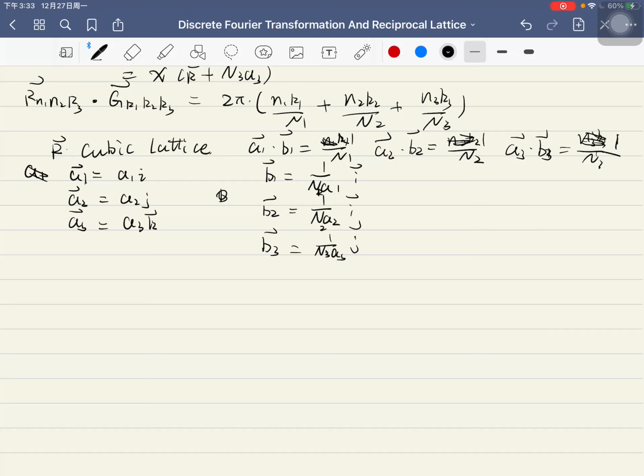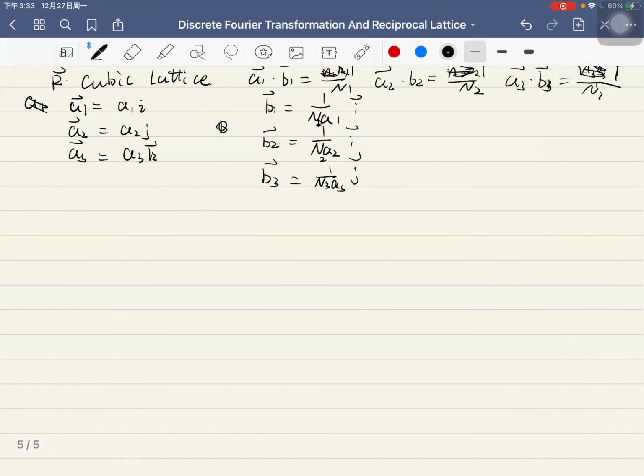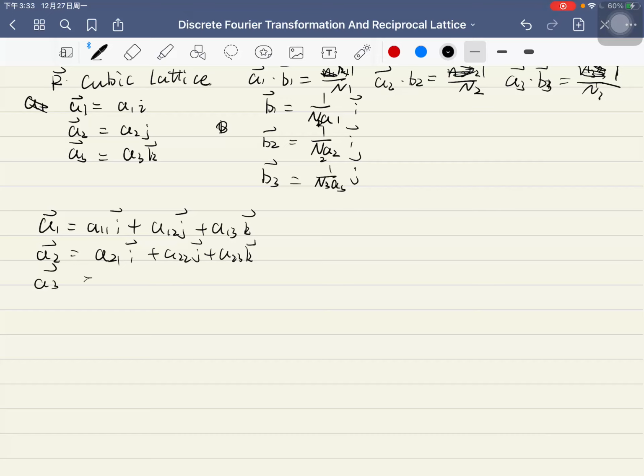But if the A is not a cubic lattice, which means a1 can be written as a11 i plus a12 j plus a13 k, a2 equals a21 i plus a22 j plus a23 k, a3 equals a31 i plus a32 j plus a33 k.